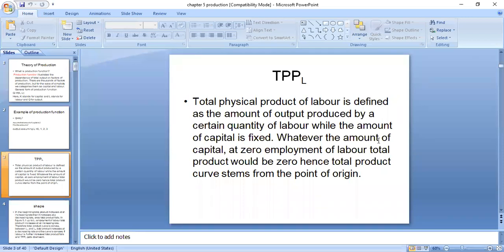So whatever the amount of capital, at 0 employment of labor, the total product would be 0, meaning that if you do not provide any labor, then you will not get any output. Hence the total product curve stems from the origin, 0.